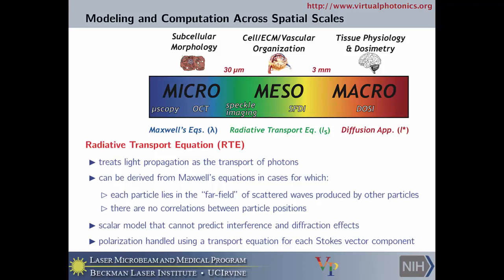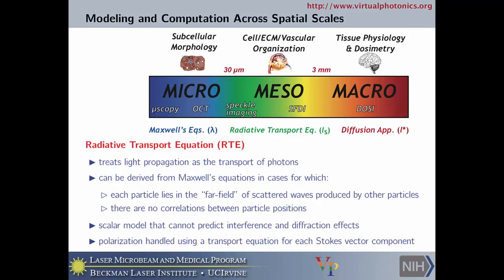And therefore, coherence can be maintained over long distances. And that cannot be handled properly in a radiative transport context. Interestingly, this is a scalar model. It can predict interference and diffraction effects. And so we've got to make sure that there's no correlations in that sense.